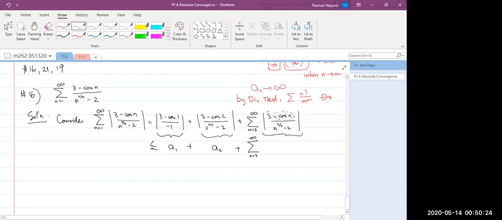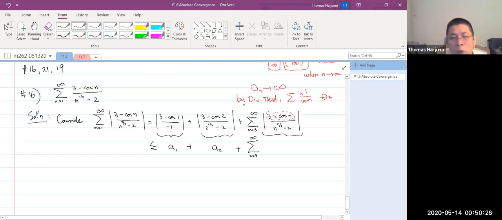So 3 minus cosine will be between 2 and 4. So I can bound it above by 4, and then this is n to the 2/3 like that.